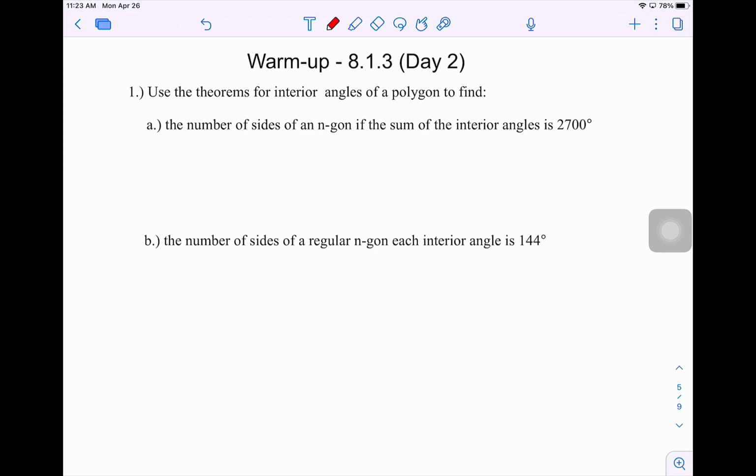Figure out which formula to use, then take whatever information you know and plug it in into the appropriate spot, and then try to solve for them from there.